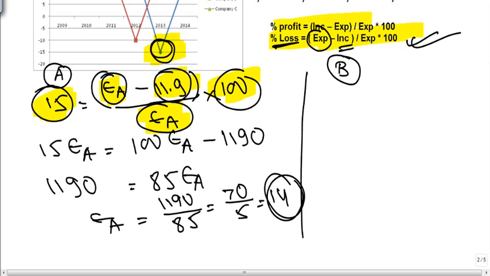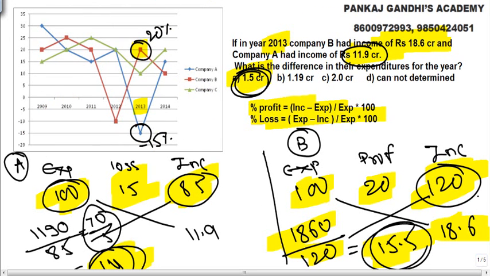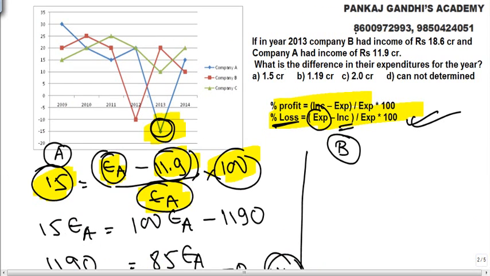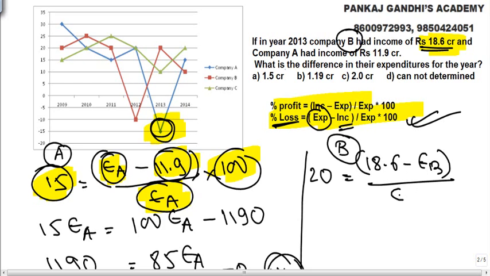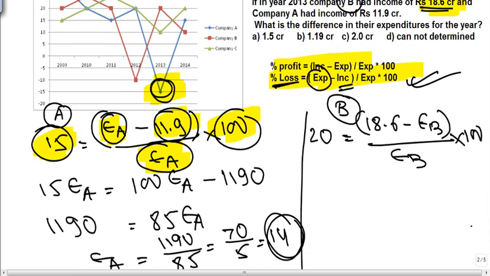Let's try it for B now. What was given for B, please check it. B had an income of 18.6. B made a profit. Percentage profit, income is more. So the percentage profit for B is 20: income minus expenditure of B, this is profit, upon expenditure of B, into 100.